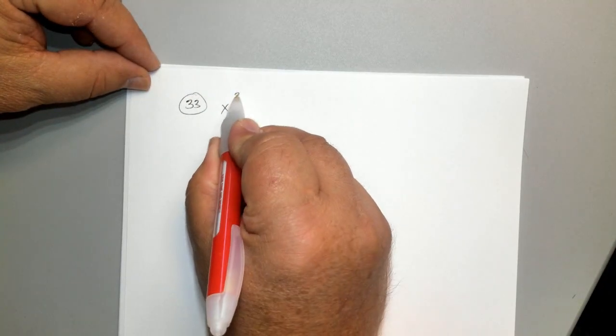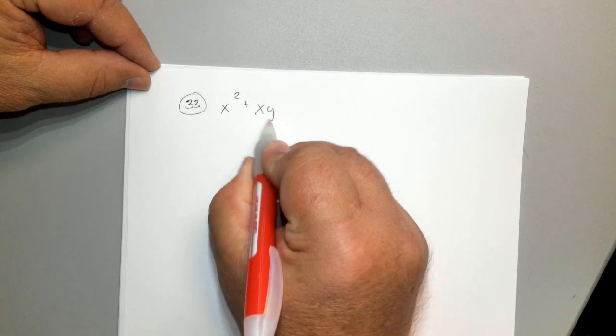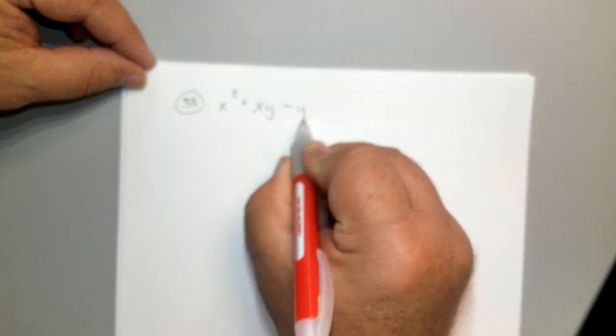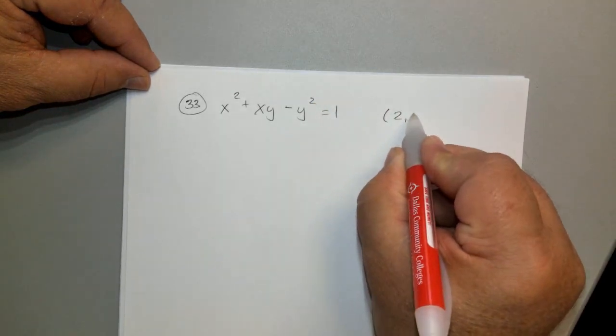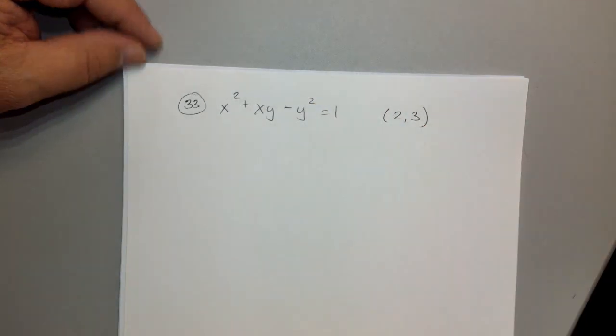Number 33, x squared plus xy minus y squared equals 1 at the point 2, 3.